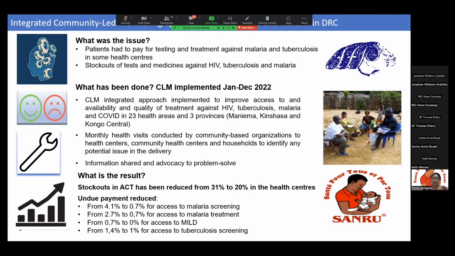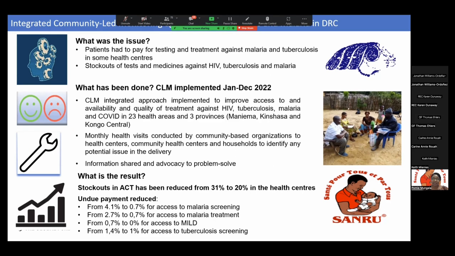And we also have sub-recipients who act at the CLM level. So once the community organizations find a problem, they share the feedback with the sub-recipient, who will play an important role in anything linked with provision, and then a solution is found for the provision of inputs to the health centers without issue, and anything that is about payment.